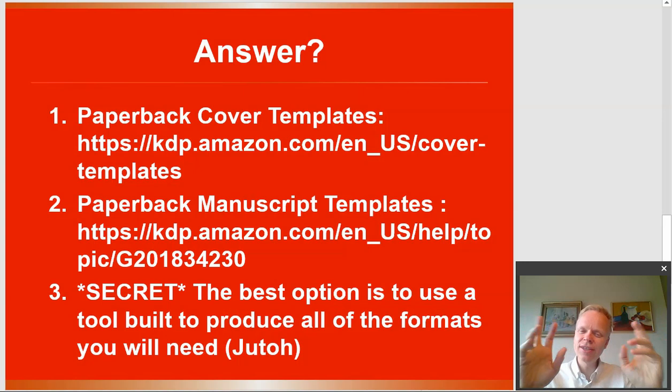Now I do the cover still in the paperback manuscript area, but in terms of getting all of the fonts to be correct, it checks for errors, because that's the thing with Word, it continually adds spaces and all sorts of stuff that you are not going to want to have included.